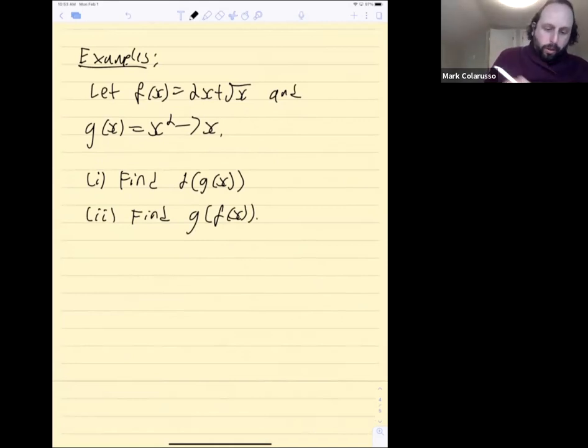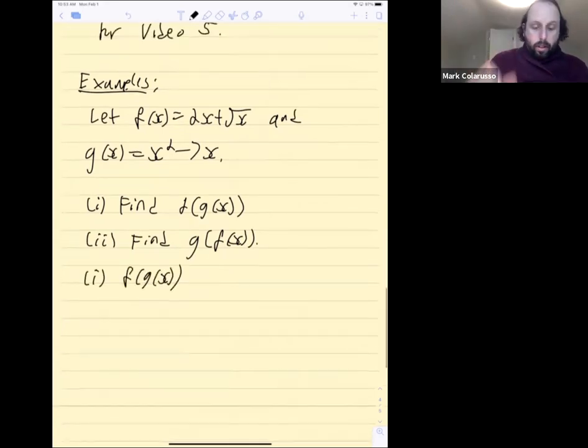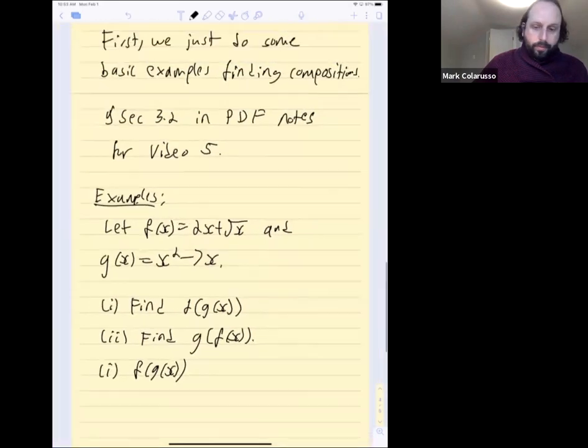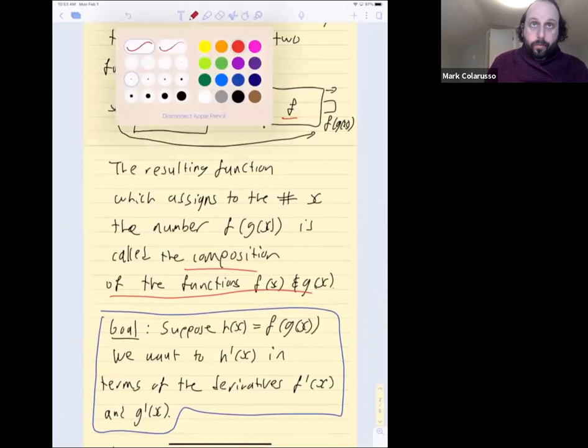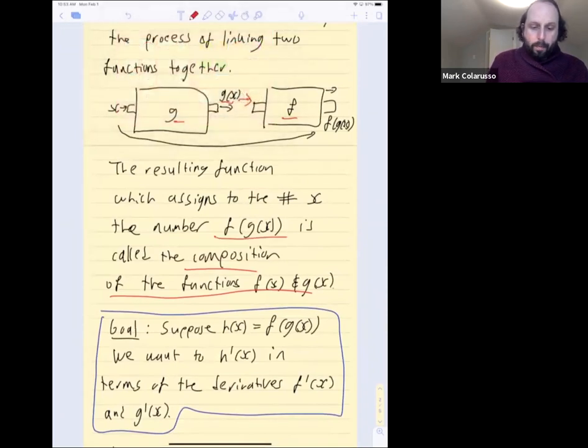So before I do the example, maybe we'll start with the first one, f of g at x. What does this mean according to the definition we made above? So f of g at x is the function I get by putting the output of g into the function f, right? So if I'm actually performing that operation, to find the value of f of g at x, I first find the value of g at x and then put it in f.